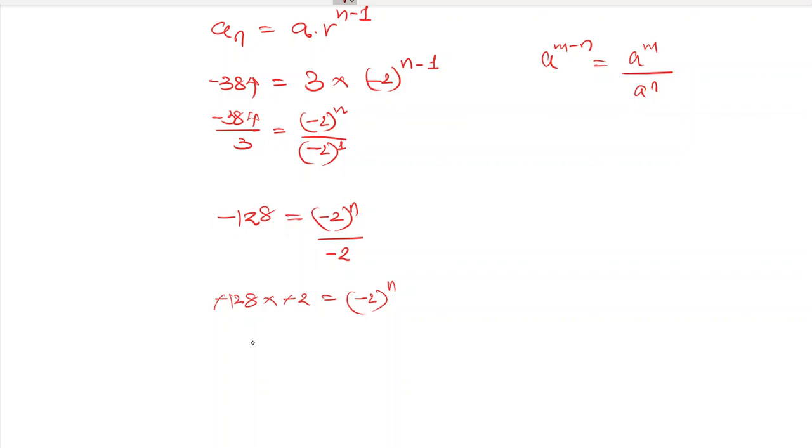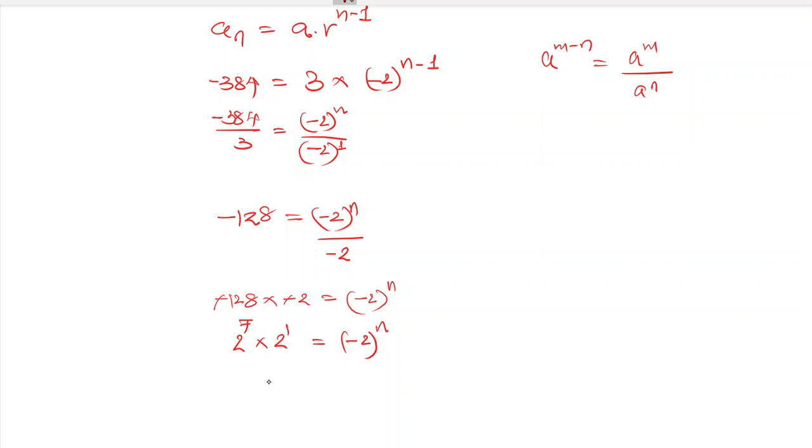Now tell me, what is 128? 128 is nothing but 2 raised to 6 or 7. Let's find it out. 2 2s are 4, 2 4s are 8, 2 8s are 16, 2 16s are 32, 2 32s are 64, 2 64s are 128, 2 raised to 7, right? Multiplied by 2 raised to 1 is equal to minus 2 raised to n.